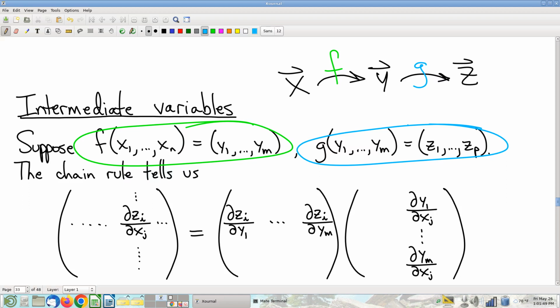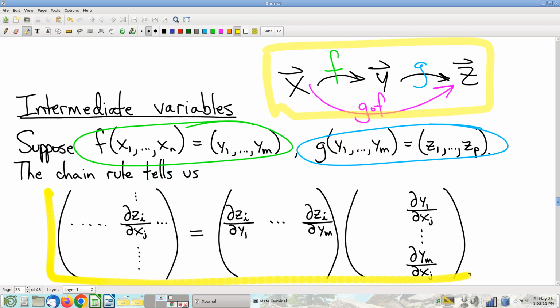So the composition, this is g compose f, is what turns the x's into z's. So altogether, if you write down the matrix form of the chain rule for this arrangement of functions, that matrix form of the chain rule is like so.